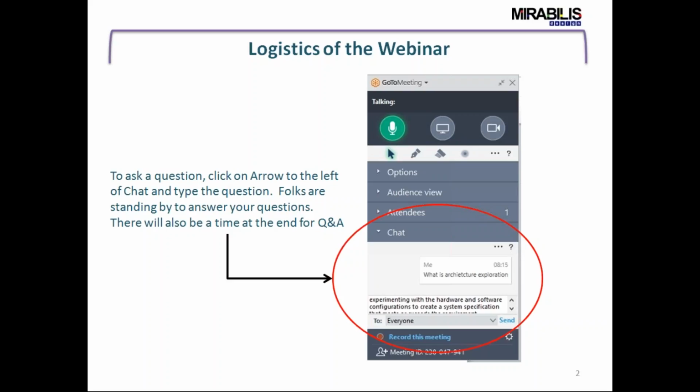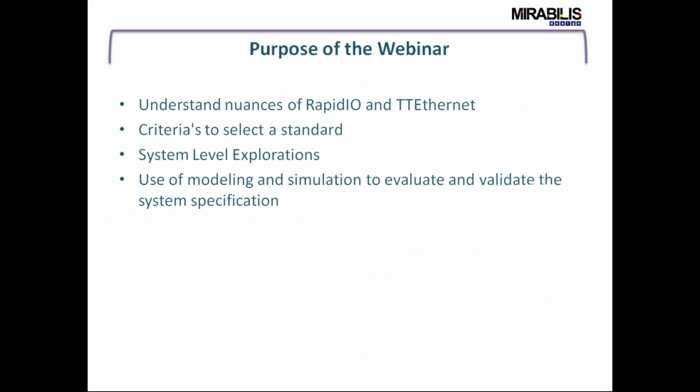For those of you just joining us, welcome to this webinar on comparing RapidIO and TTEthernet or SAE 6802 using dynamic timing and power simulation. The purpose of today's webinar is to highlight the significance of these two technologies and try to identify the criteria to make decisions on selecting the next generation interconnect for your avionics or HPC platforms, or for automotive platforms, or even for data center applications itself.